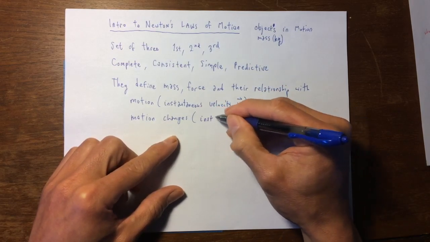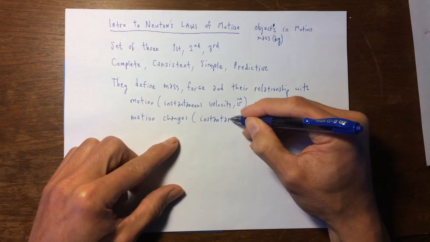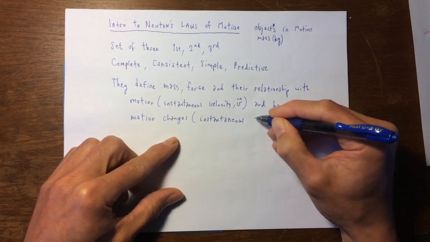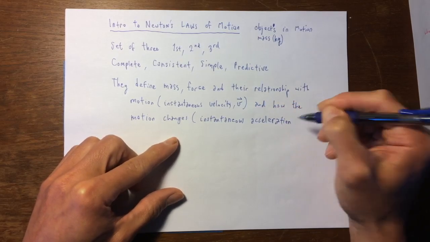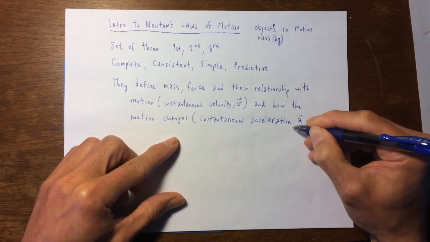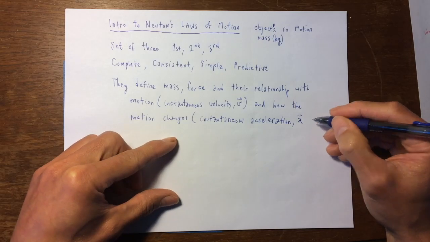In particular, it really is an instantaneous acceleration, and the symbol I use for that is this lowercase a with the arrow on top. It's the acceleration vector.